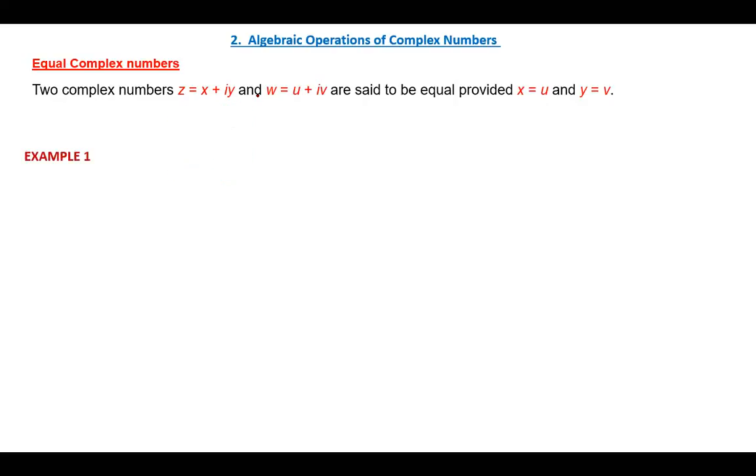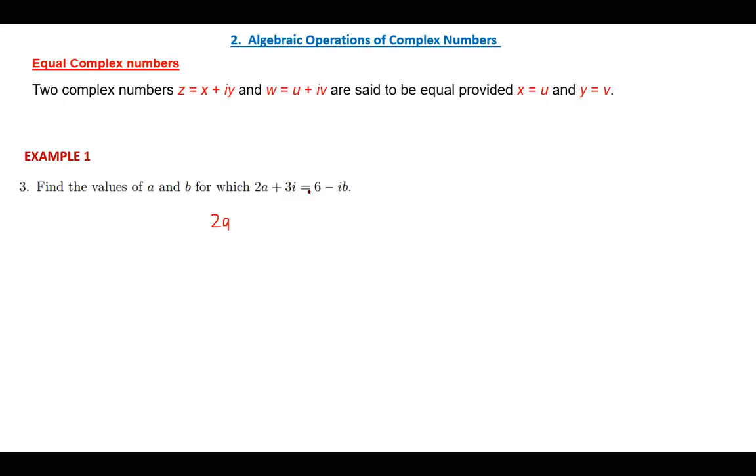So let's proceed and look at this example from the tutorial sheet, which says: find the values of a and b for which 2a plus 3i is equal to 6 minus ib. On this complex number, the real part is 2a.